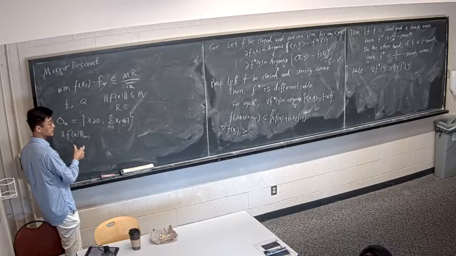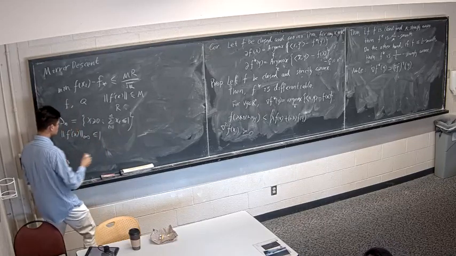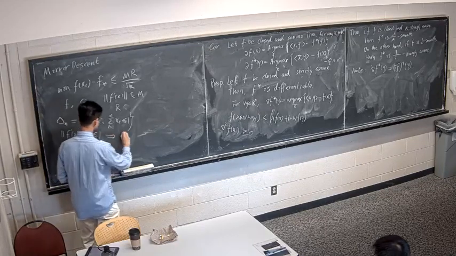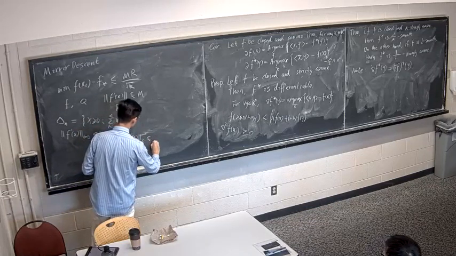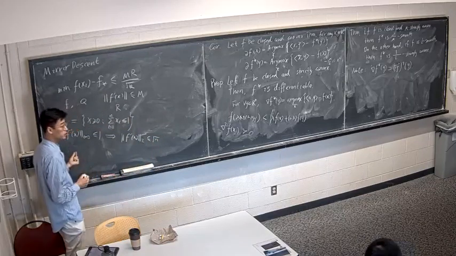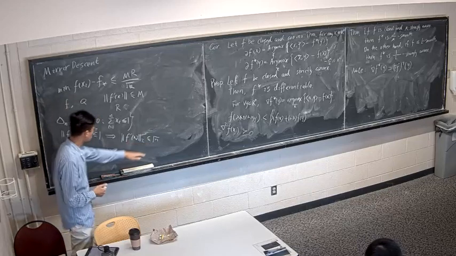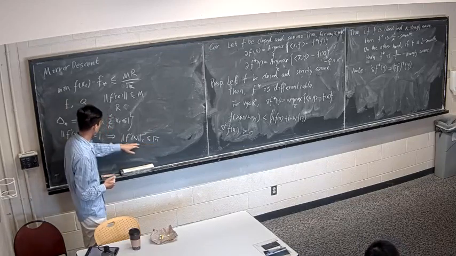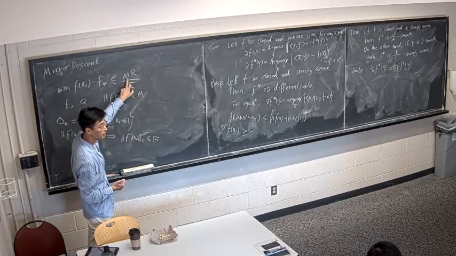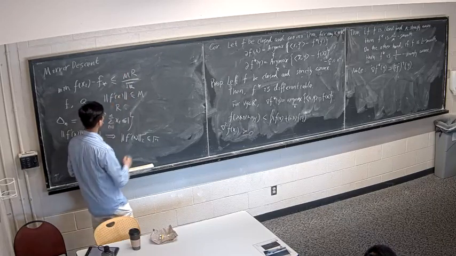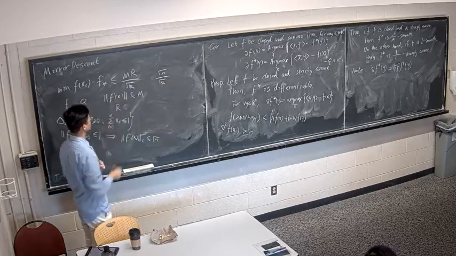So the maximum component of the absolute value is bounded by, for example, constant 1. But this means that in the worst case, the L2 norm of the subgradient is bounded by square root of n, right? Each component is bounded by 1, so the L2 norm is bounded by square root of n. Now this is dependent on the dimension. So if you use this as a bound M, putting square root of n here, the bound will be worse, right? It's not 1 over square root of k, it's square root of n over square root of k. So this will be much worse than this one.